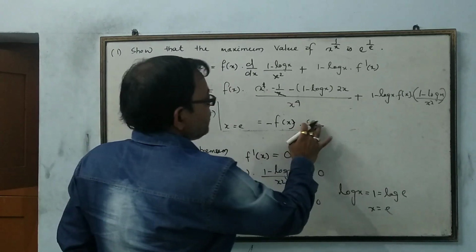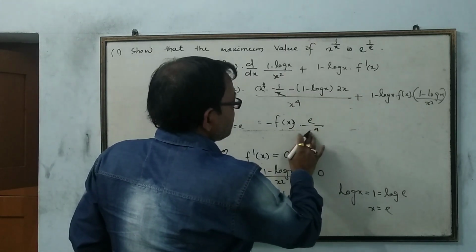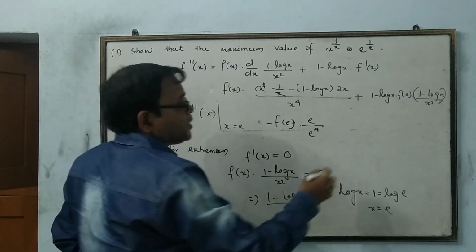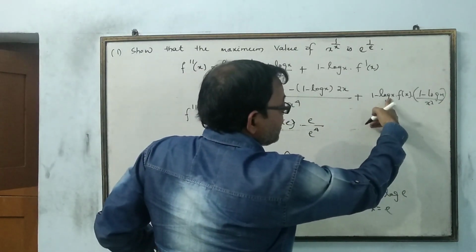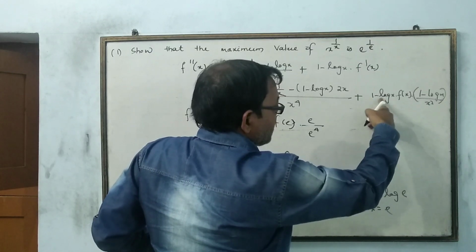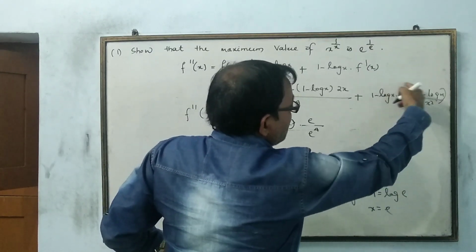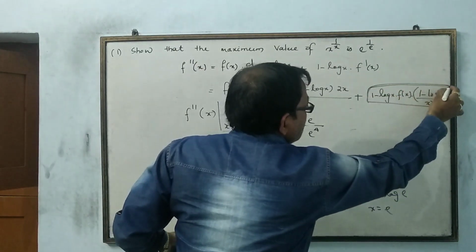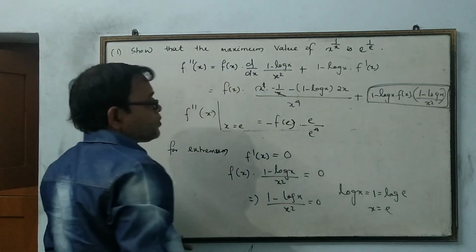At x equal to e, we can write it as e by e to the power of 4, and here 1 minus log e is 1 minus 1, which is 0. So this total expression will become 0 in that part.